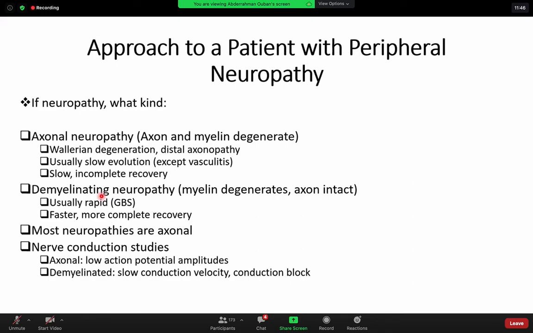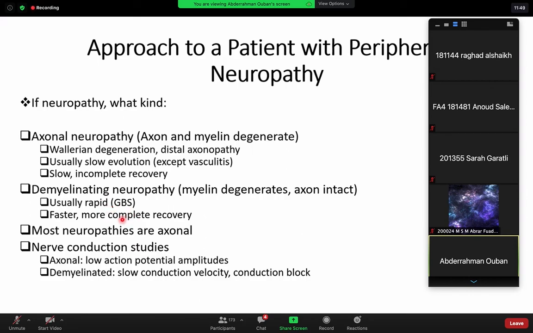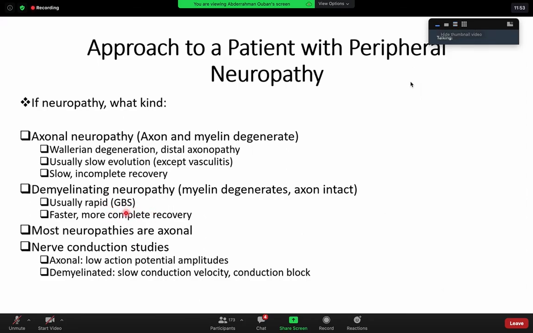And they have a faster and more complete recovery, which is pretty good, but it can kill someone if it is a GBS that has involved the respiratory muscles, resulting in respiratory failure.